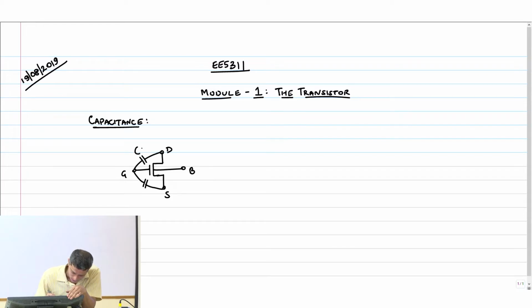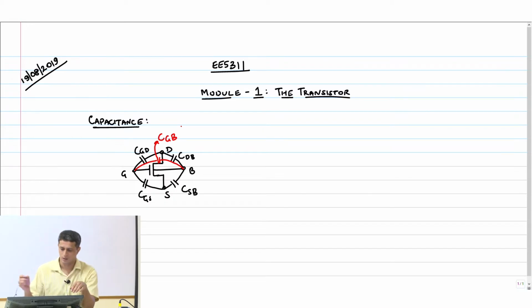This is CGD, CGS, then you have the CDB, CSB, and you also have one capacitance going across like this, and this is CGB.